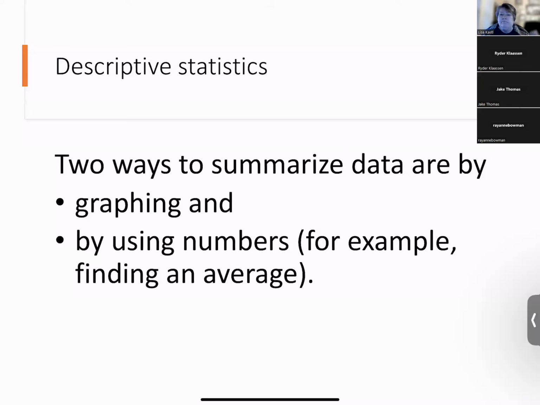Someone in the back, and I don't remember who you were, I'm sorry, you calculated the average. So the average is one way of describing our population. We're going to use other numbers: median, mode. We're going to use standard deviation, variation. We'll use other numbers later to describe our population.